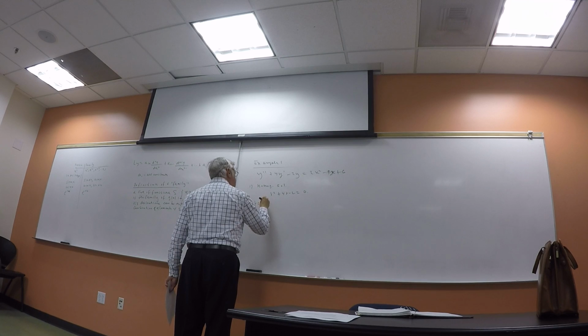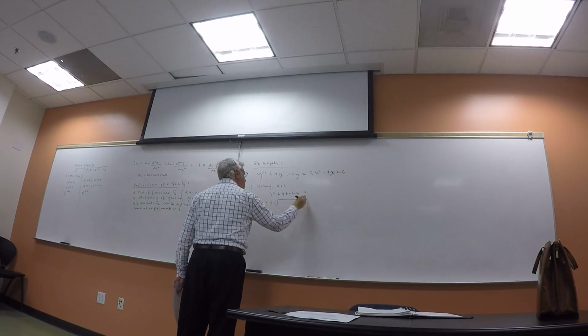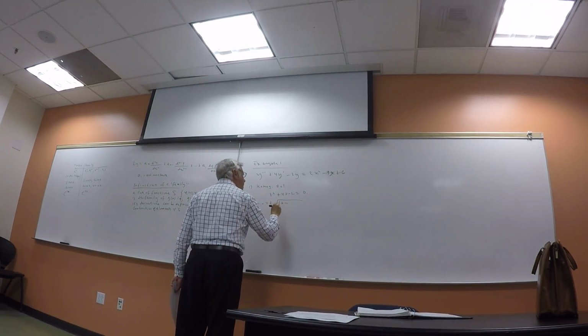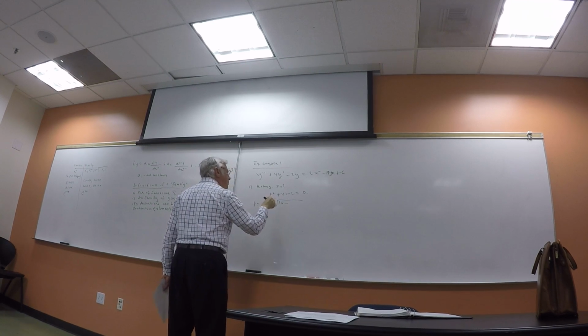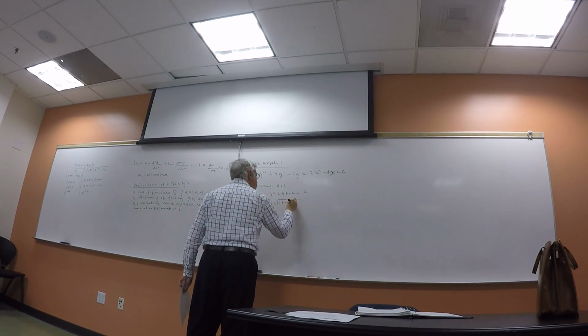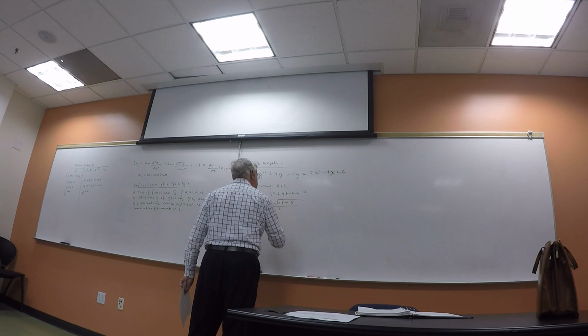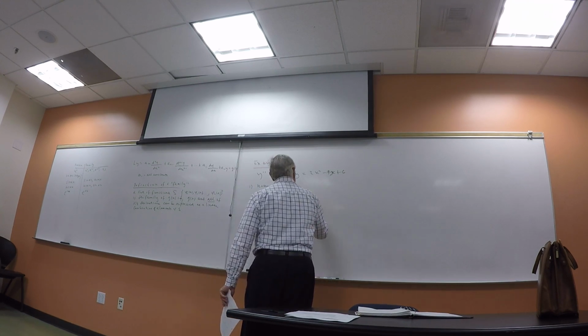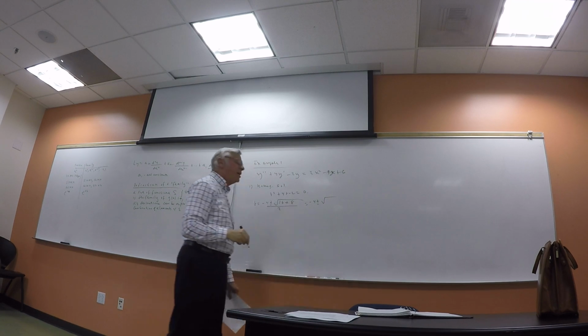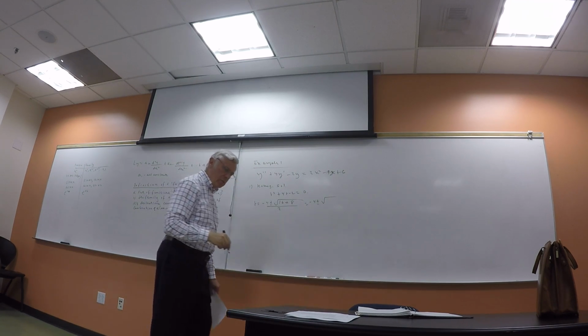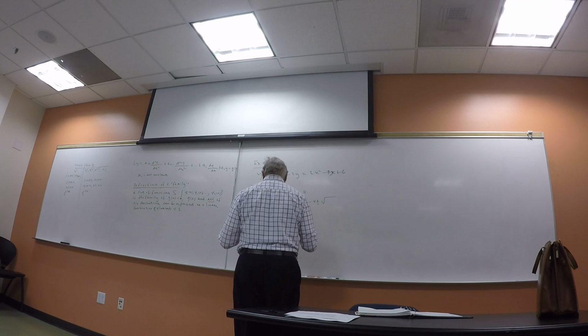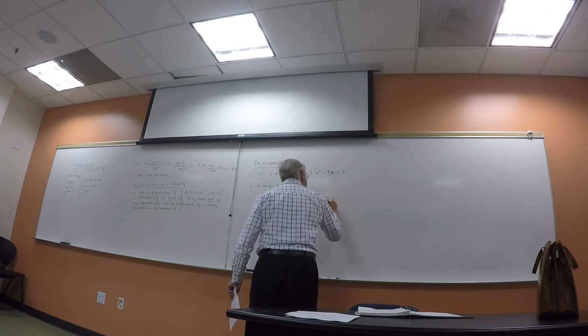r equals negative 4 plus or minus the square root of 16 plus 8, all over 2, which is, of course, negative 4 plus or minus the square root of 16 and 8 is 24, which is 4 times 6, right?